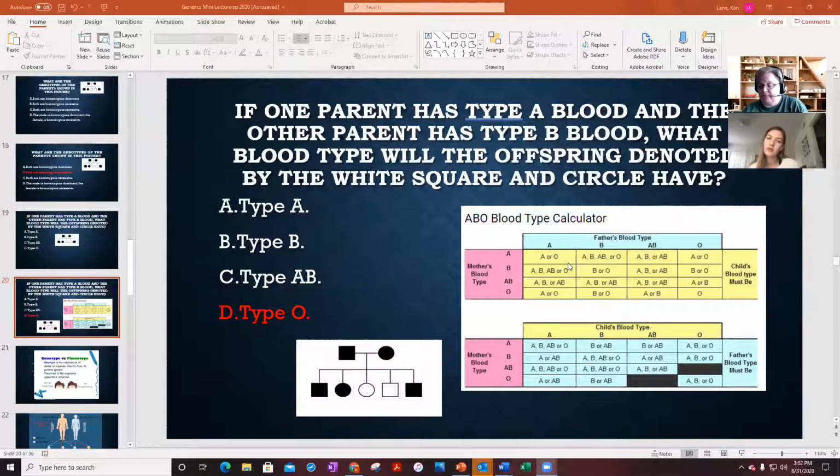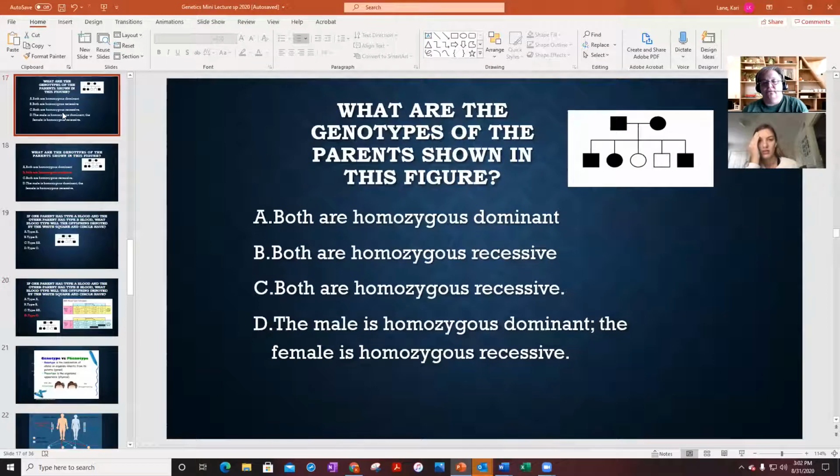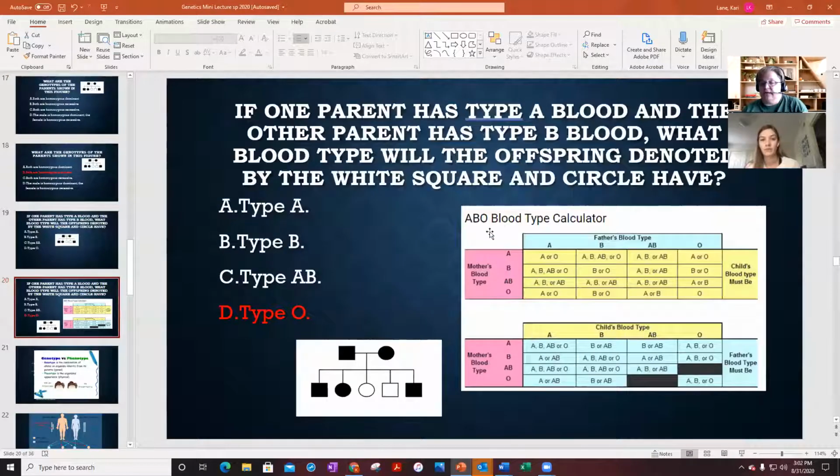So why would you cross them out again? It goes back to how the genes are dominant or recessive. When we do blood types, in order to have a type A blood type, you have to have two alleles that are type A. But if mom is type B and dad's type A, then we only have one of each, because they're heterozygous.